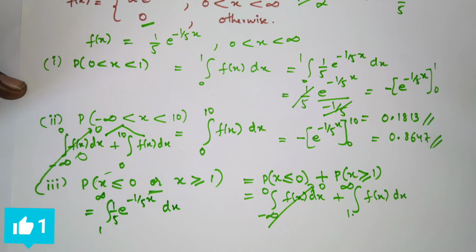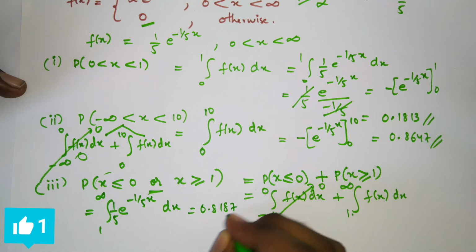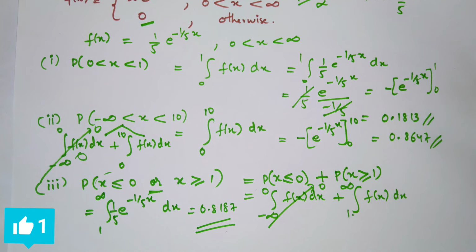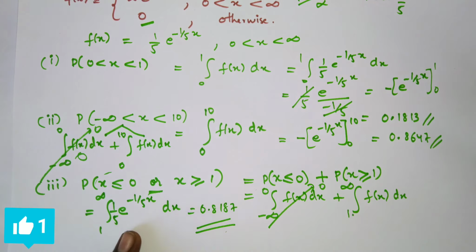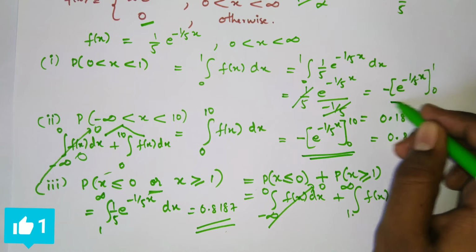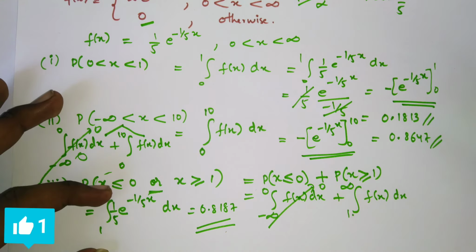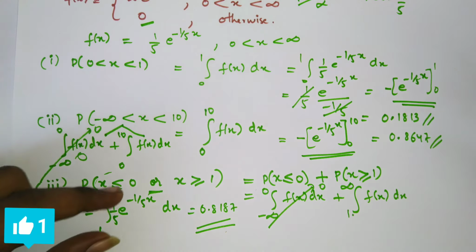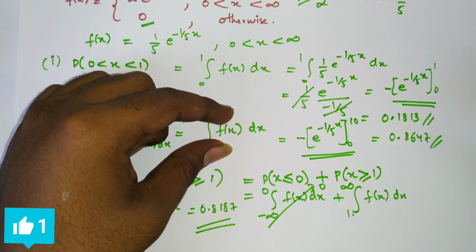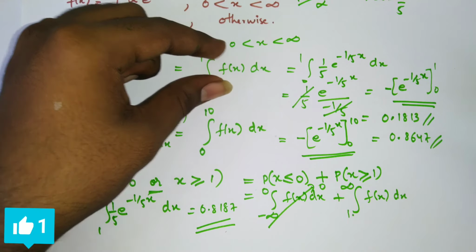When I integrate and substitute the values, I will get the answer 0.8187. The same function is used for all the parts, always remember. We are just changing the limits, and the rest remains the same because f(x) is the same. That's the difference.